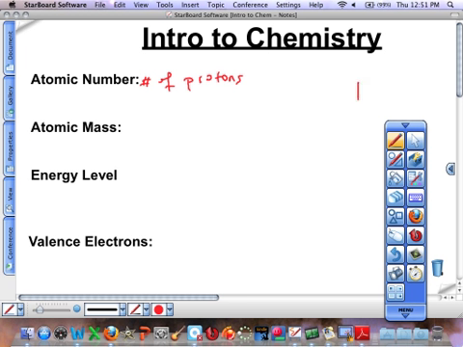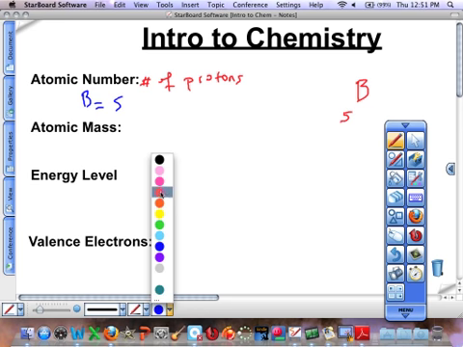Our atomic number is 5. So that's our atomic number for boron. Now, the atomic mass is that decimal number. When we look at boron, what is our decimal value? 10.81.